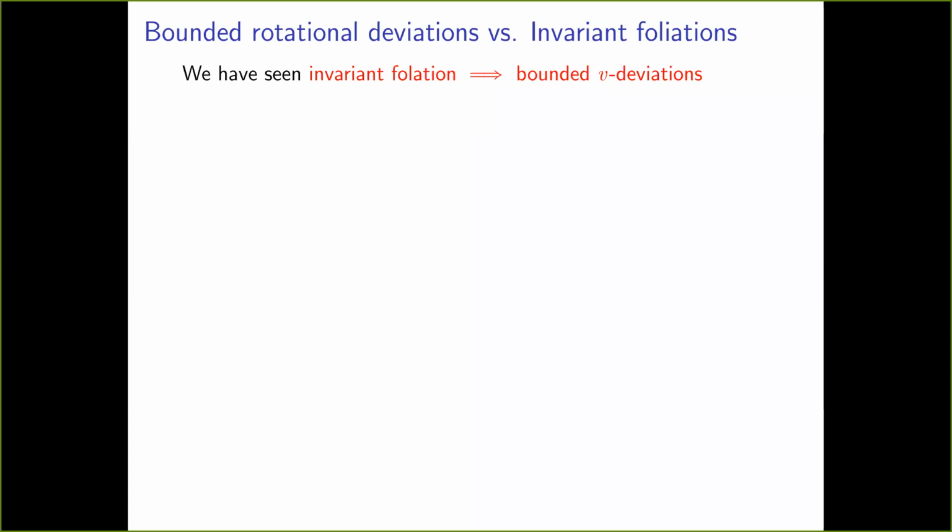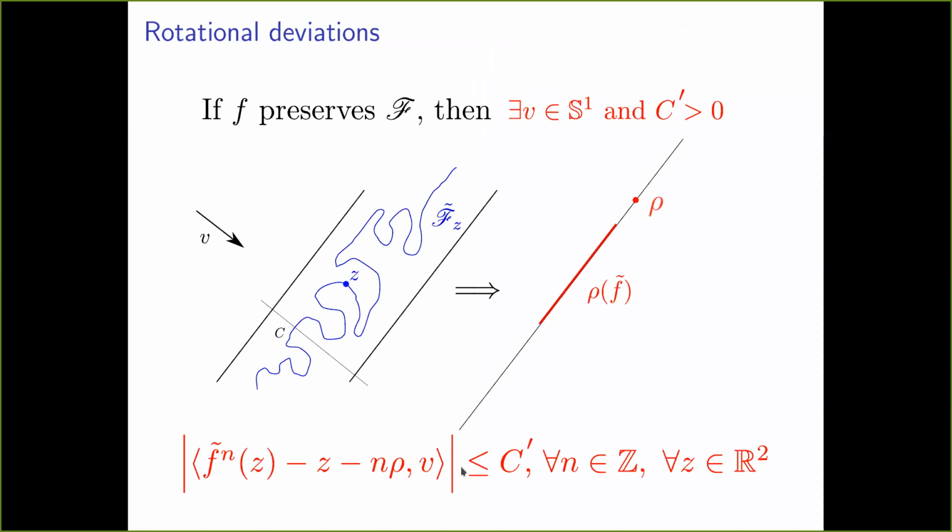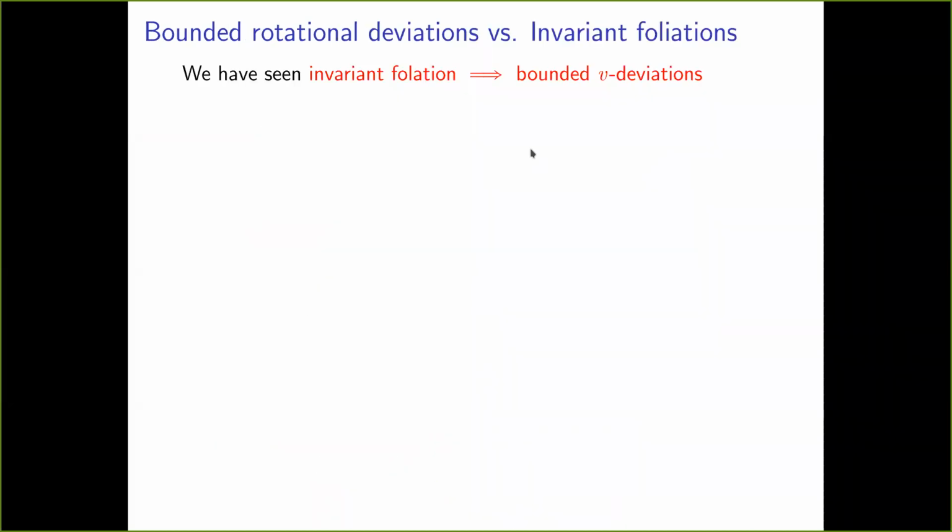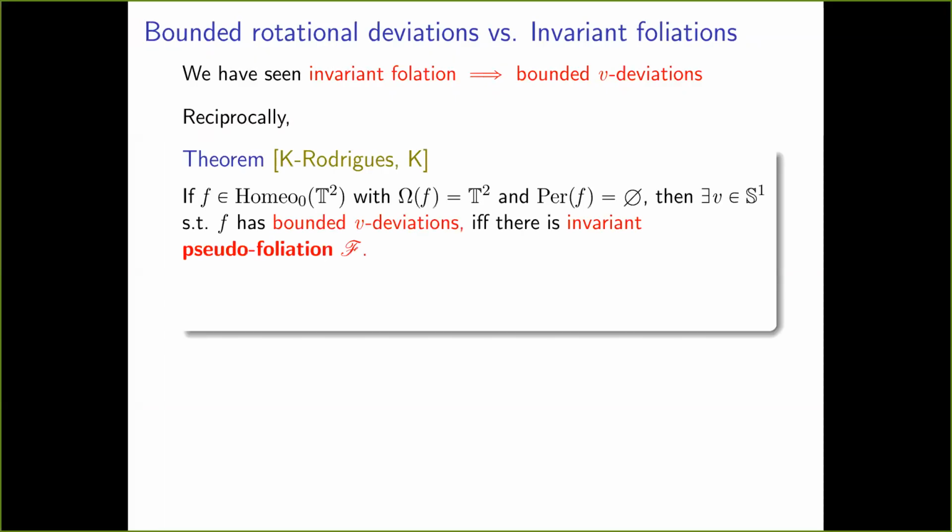Okay, thank you. So we have seen that if you have invariant foliations, you have bounded V deviations. V deviation means exactly deviations in the V direction. What about the reciprocal statement?